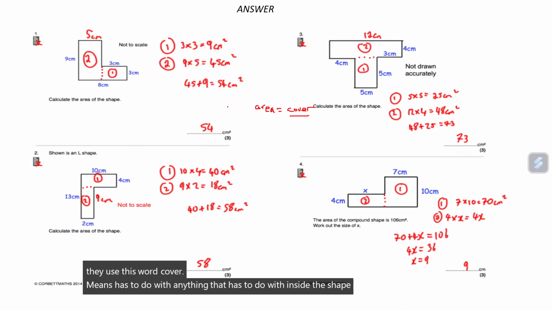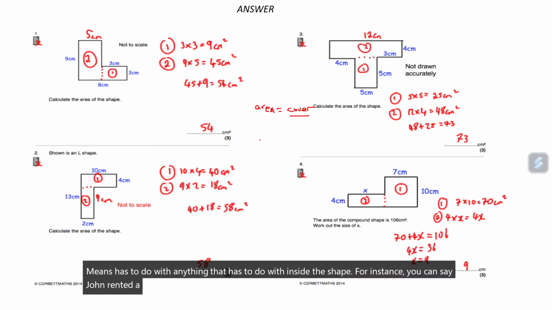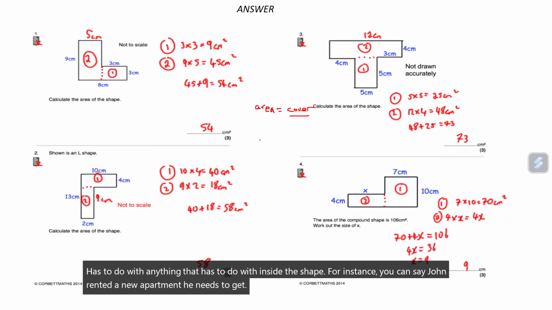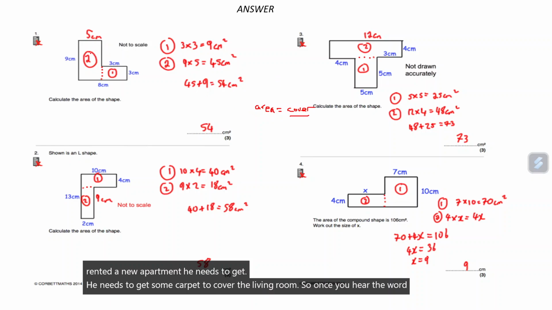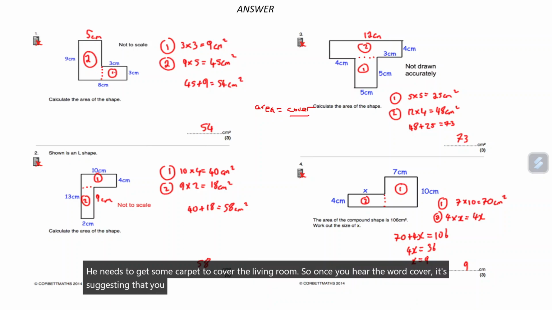For instance, you can say John rented a new apartment. He needs to get some carpet to cover the living room. So once you hear the word cover, it's suggesting that you should find the area of the living room.